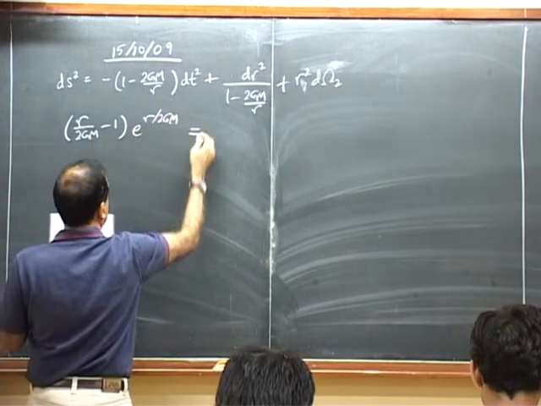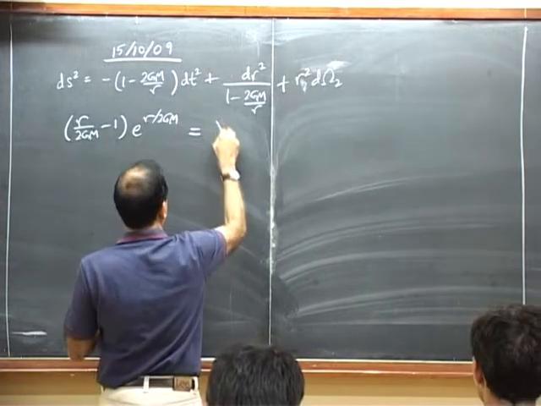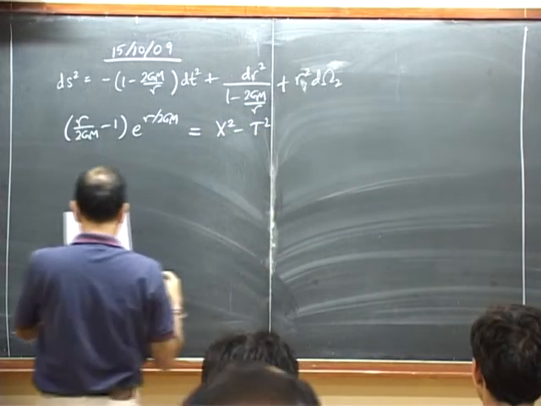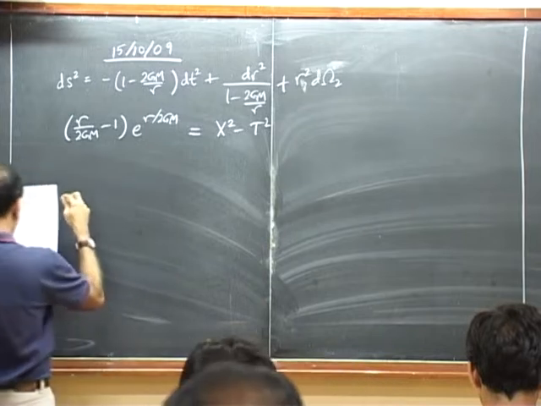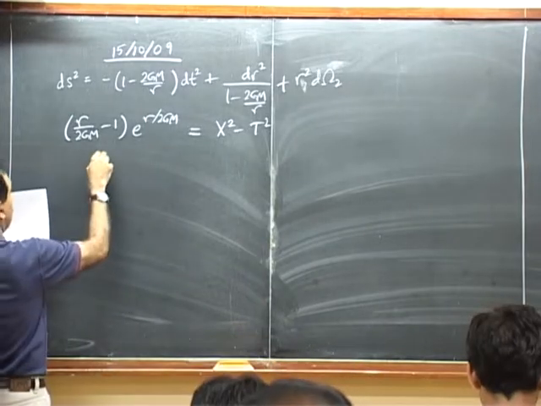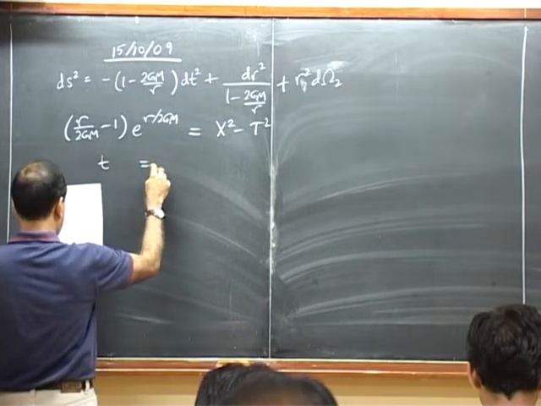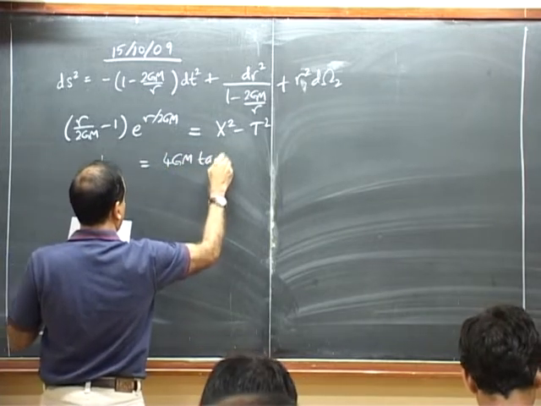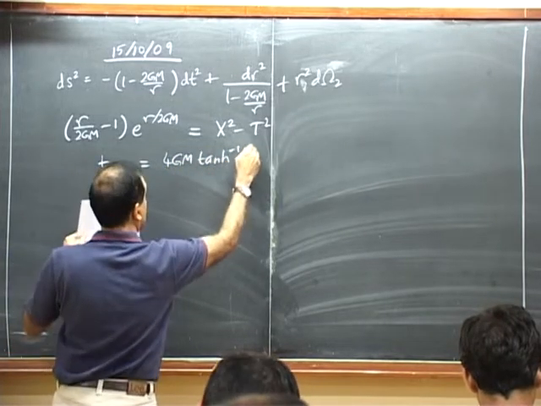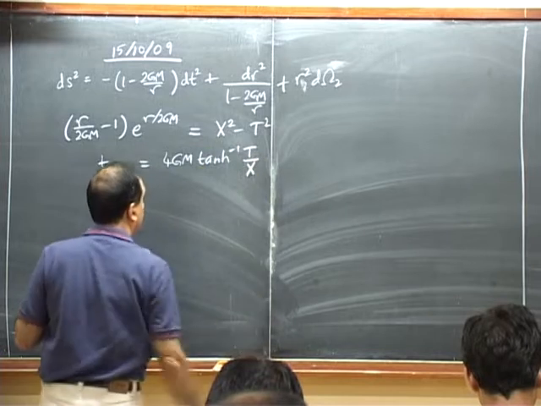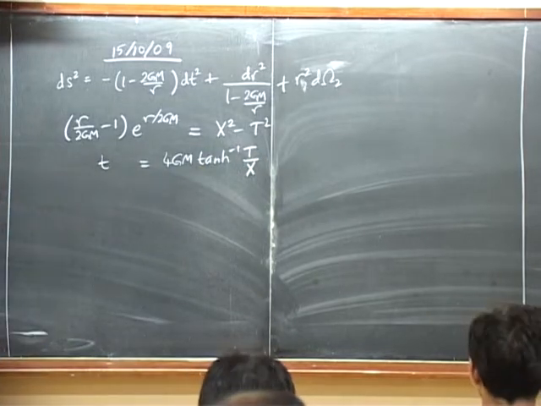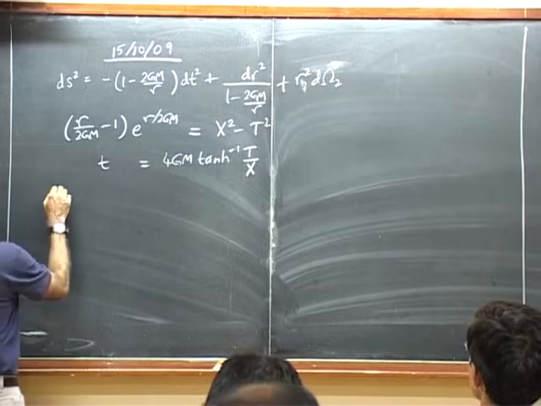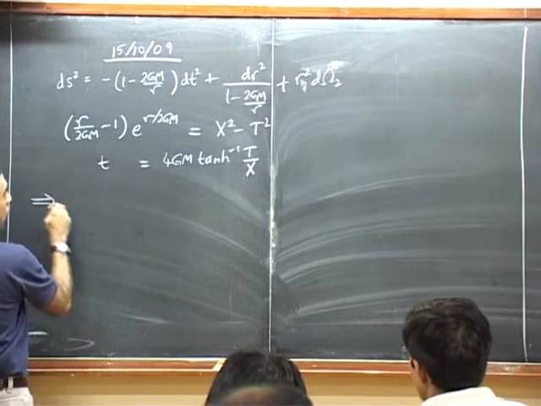So today I am not repeating the derivation, but I emphasize we have derived these coordinates. And also t is equal to this. And what we found was that once we make this change of coordinates, then the metric simplifies.